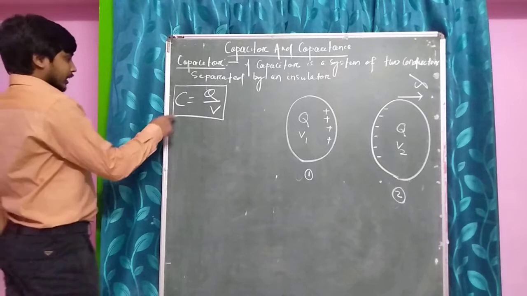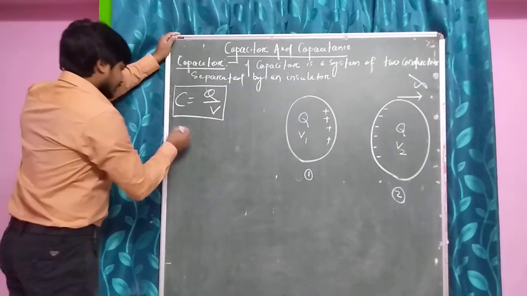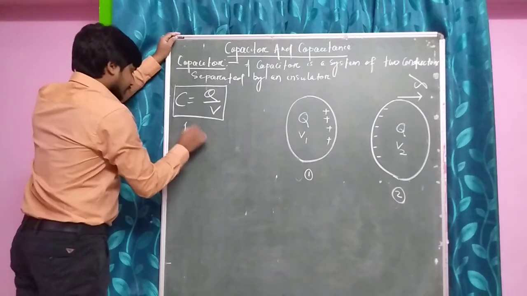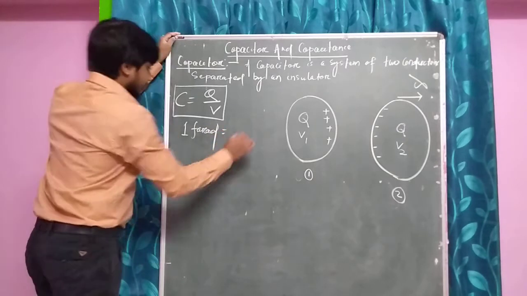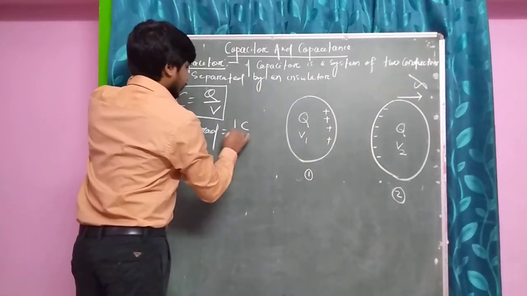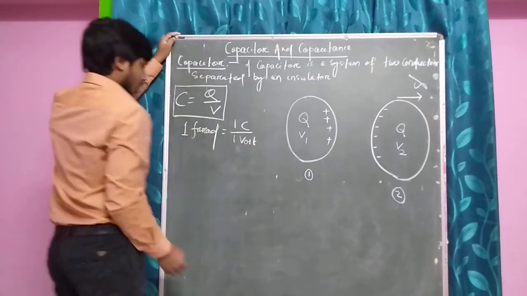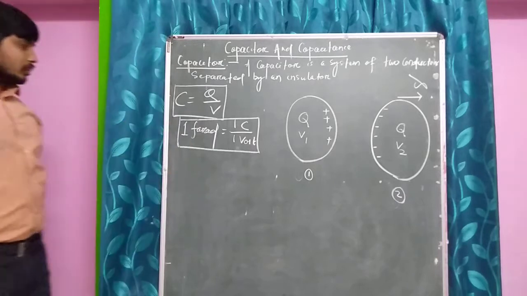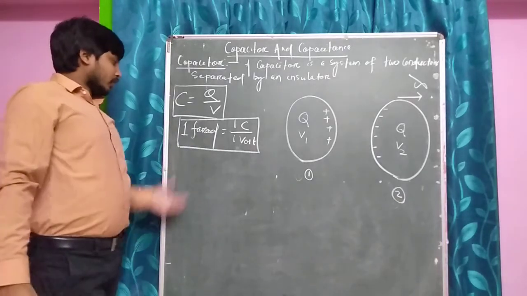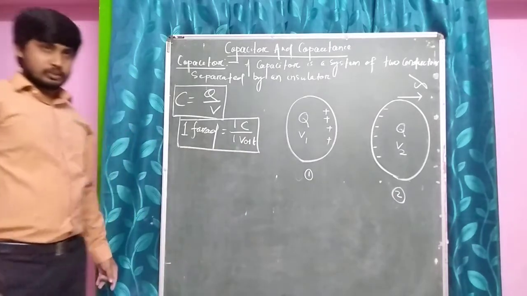And remember that the unit of capacitance is the farad. So 1 farad is equal to 1 coulomb by 1 volt. This is the SI unit of capacitance.